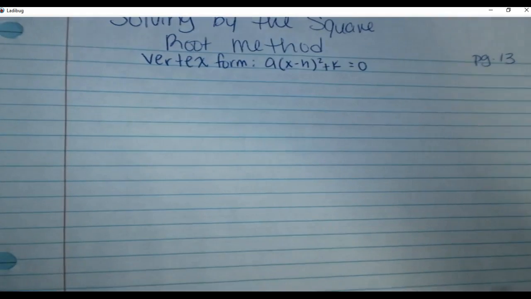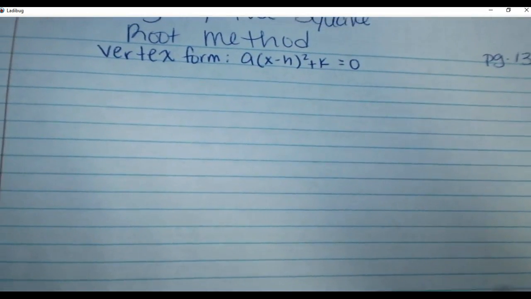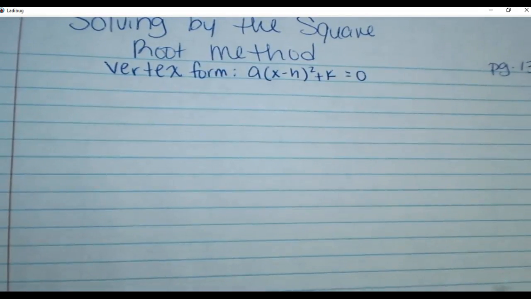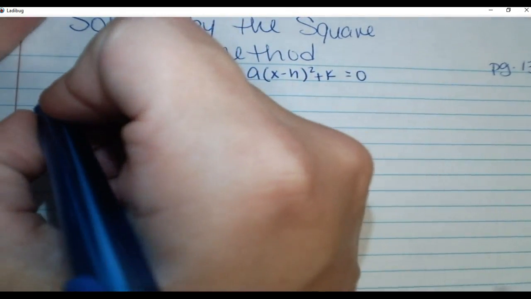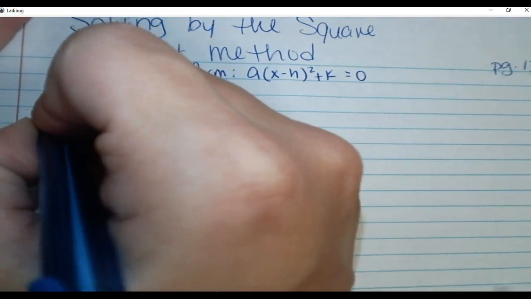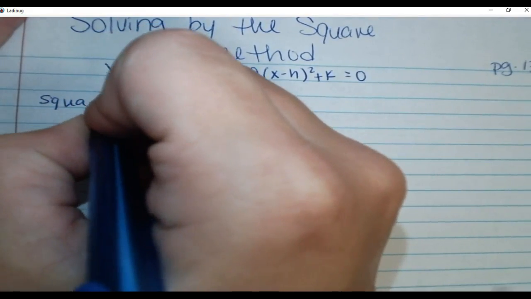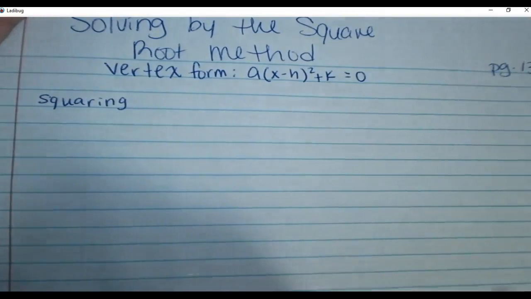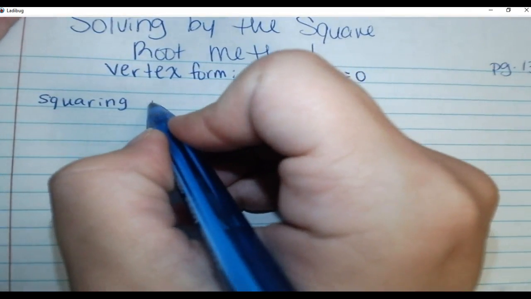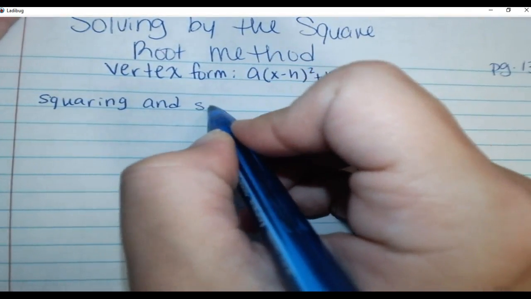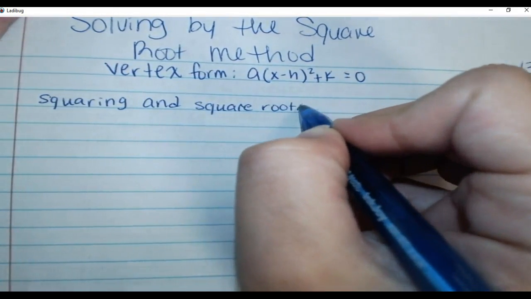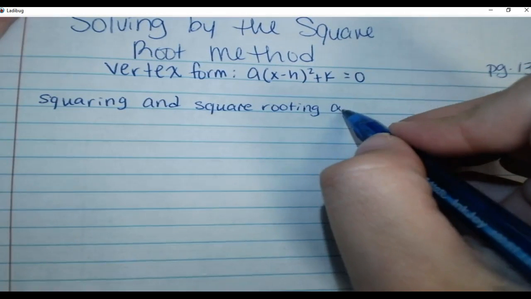So the first thing that we need to know is that squaring something and taking the square root of something are inverses of each other. What does inverse mean? Good, the opposite. So squaring and square rooting are inverses of each other.